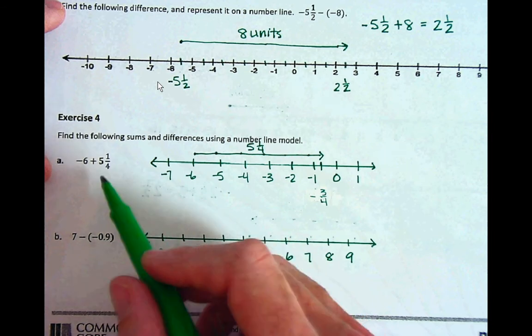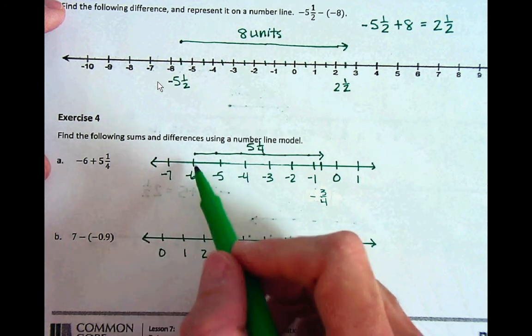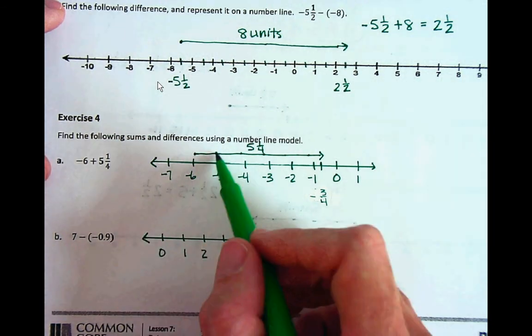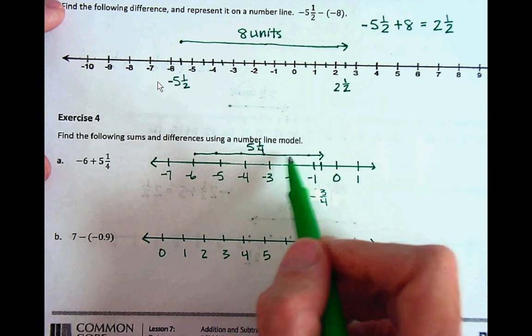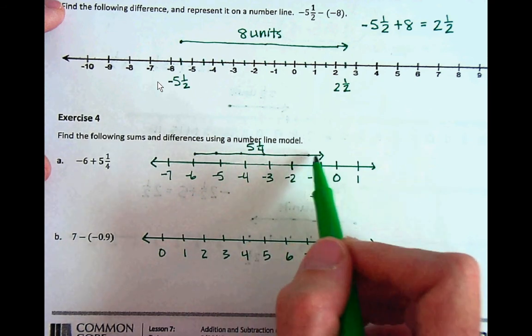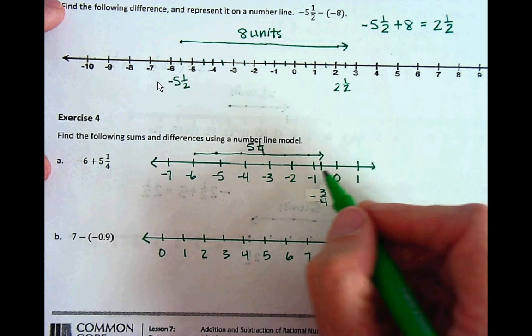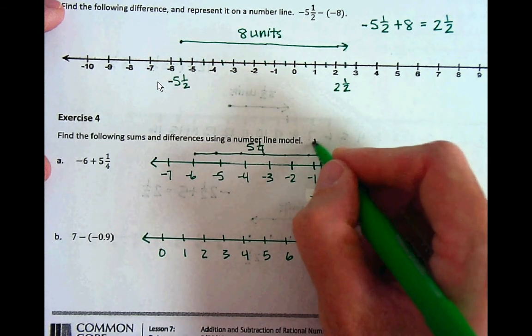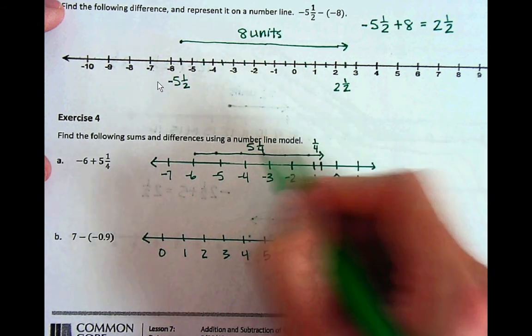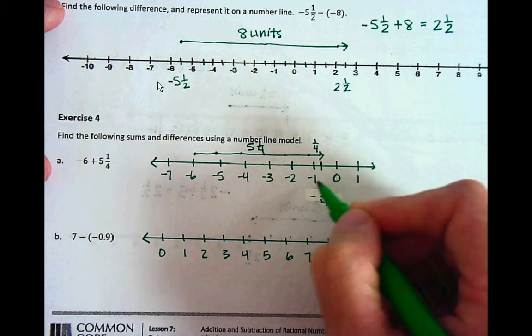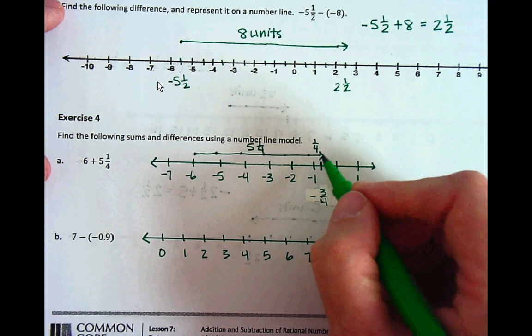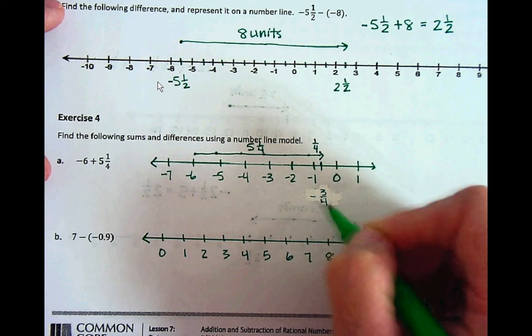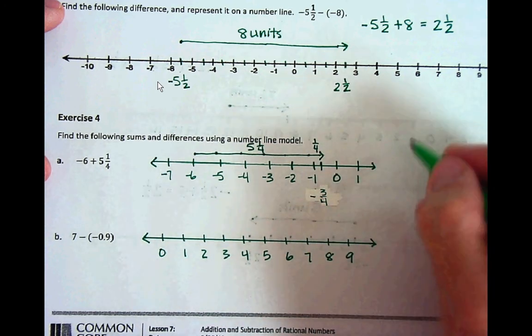If I'm adding 5 1/4, starting at negative 6, I count 1, 2, 3, 4, 5, and then I'm adding a 4th. So that's going to put me 1/4. I'll just put this 1/4 here. And this whole other part of it was 5. But if I have minus 1 and I've taken away a 4th, then where I'm at is at negative 3/4.